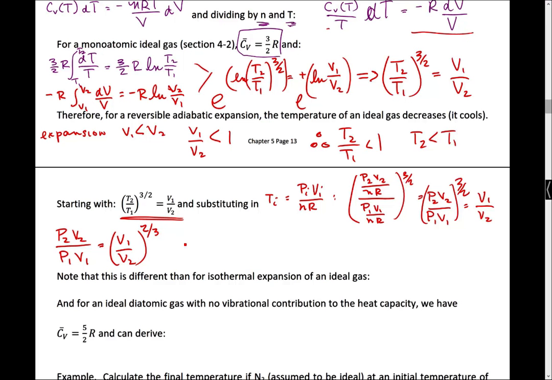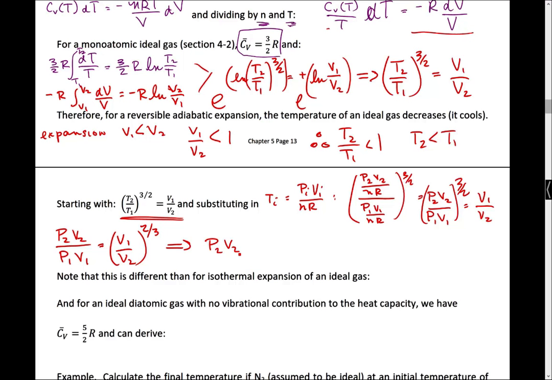Now I can multiply both sides by P1 V1 and both sides by V2 to the 2/3. So on the left side, this is V2 to the 2/3, and this is V2 to the 1, which is 3/3.